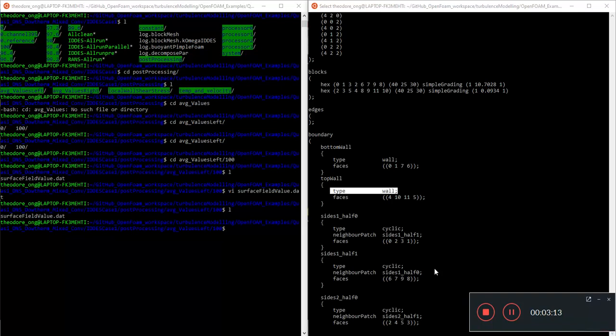The patch is named a wall so that OpenFOAM recognizes this is a wall, and it needs to use a wall function, and that'll be okay.